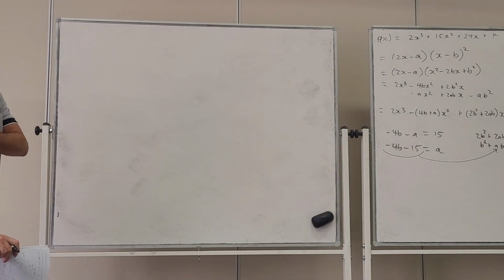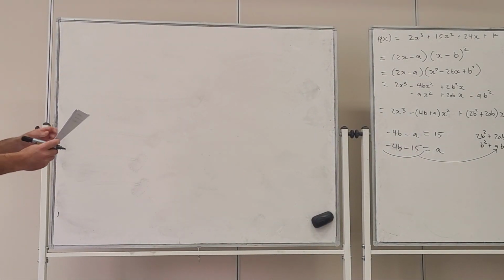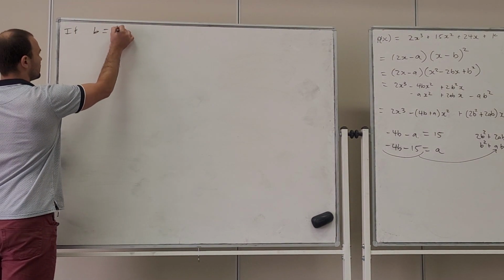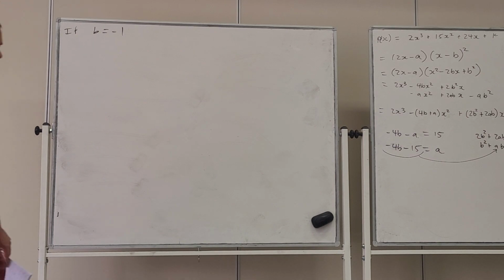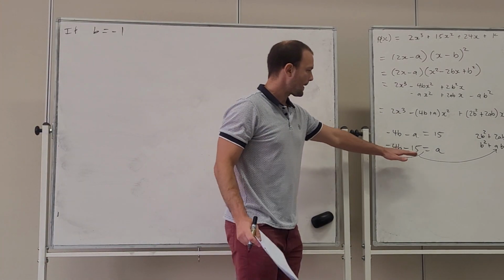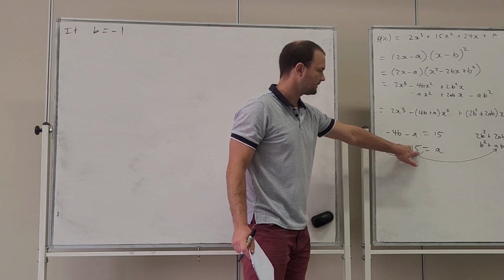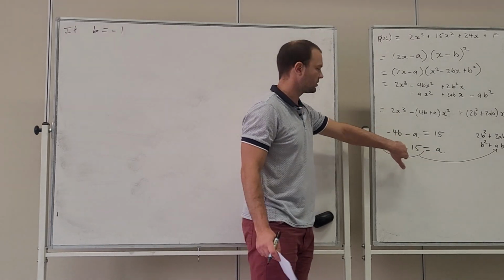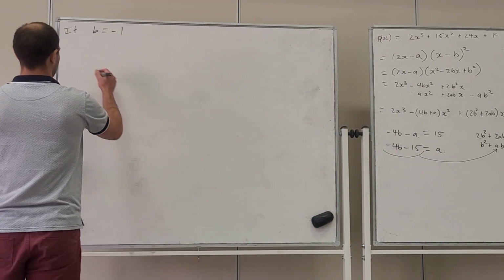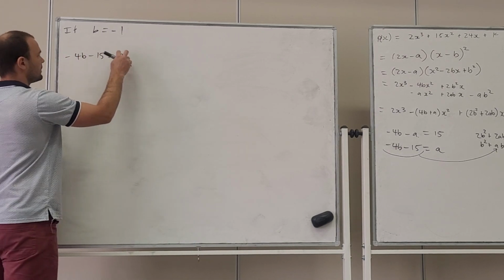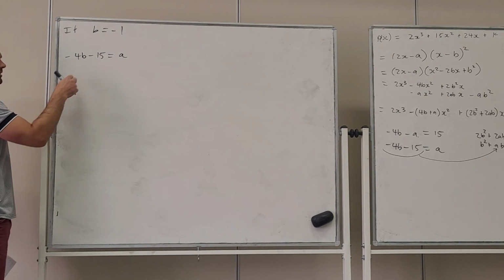Any questions so far? Alright, so firstly, if b is minus 1, we have minus 4b, take 15 equals a. So we've got an equation here to solve for a. I'll write that one out here: minus 4b, take 15 equals a. So let's put b in here and solve for a.